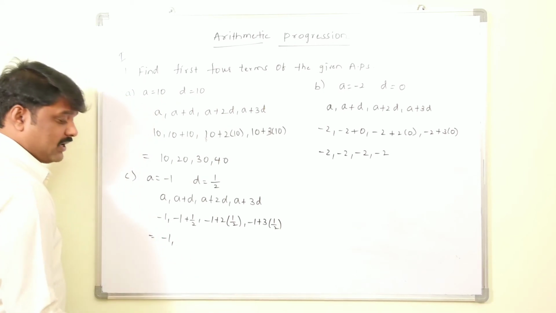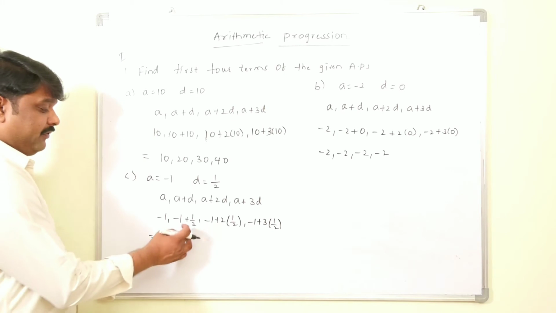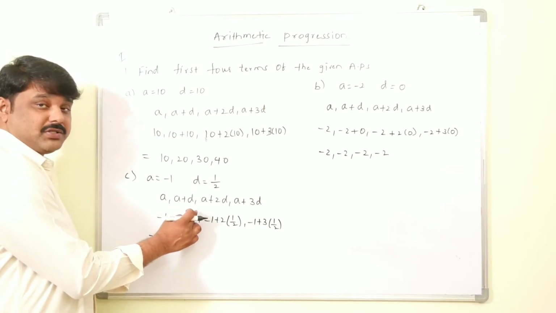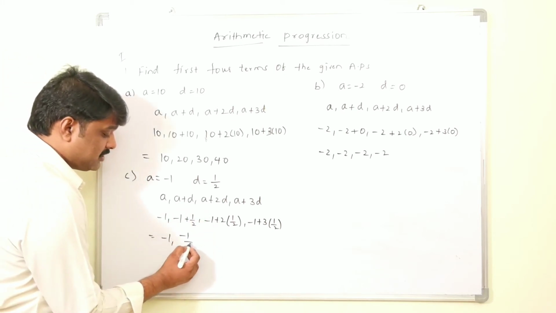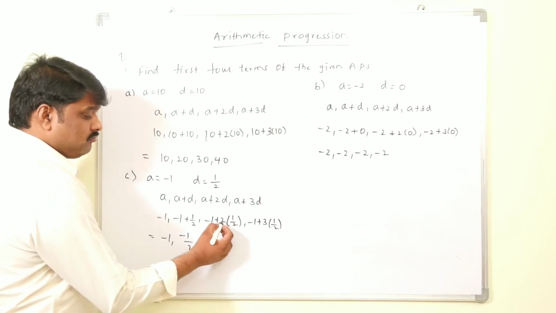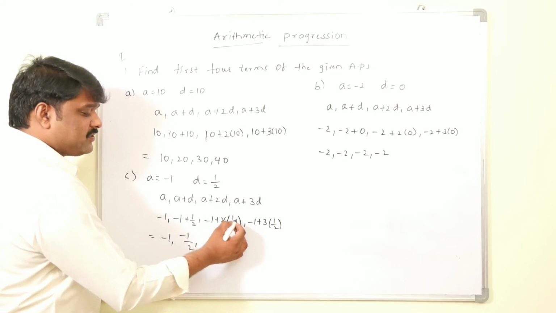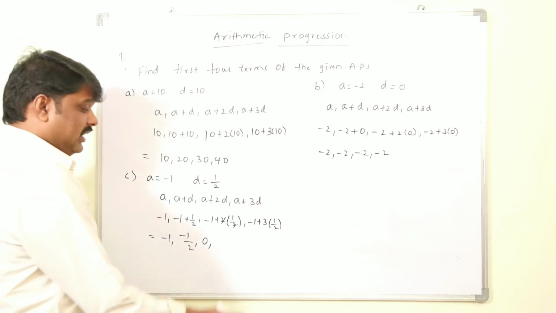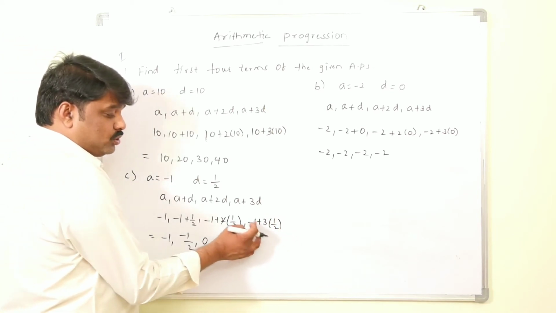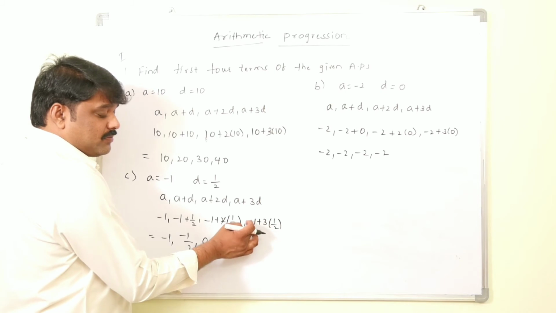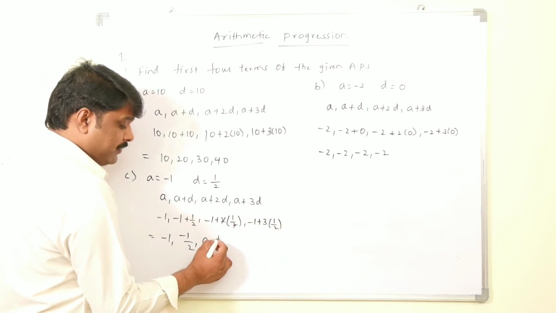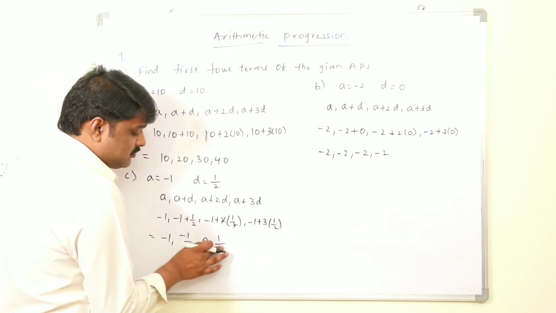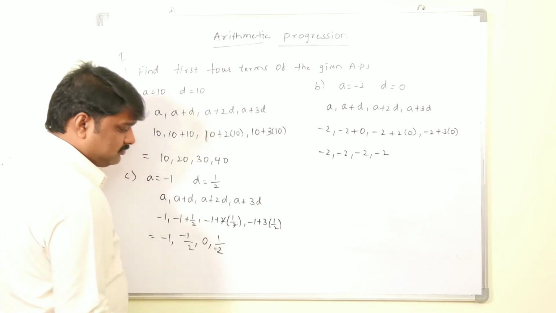This is minus 1. If we take the LCM, minus 2 plus 1, it is minus 1 by 2. Anyway, 2 gets cancelled. Minus 1 plus 1 is 0. It is 3 by 2. 2 multiplied with minus 1 is minus 2 plus 3.